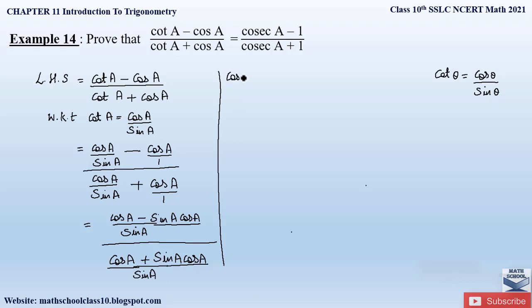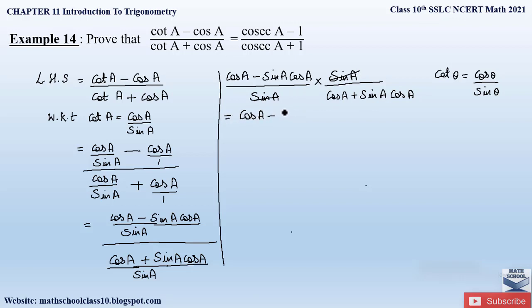The numerator will stay as it is, that is cos A minus sin A into cos A divided by sin A. This is the numerator part, into the denominator will reciprocate, that is sin A will come in the numerator and the denominator will be cos A plus sin A into cos A. Right, so here the sin A and sin A value will get cancelled and we will be just left with cos A minus sin A cos A, the whole divided by cos A plus sin A cos A.